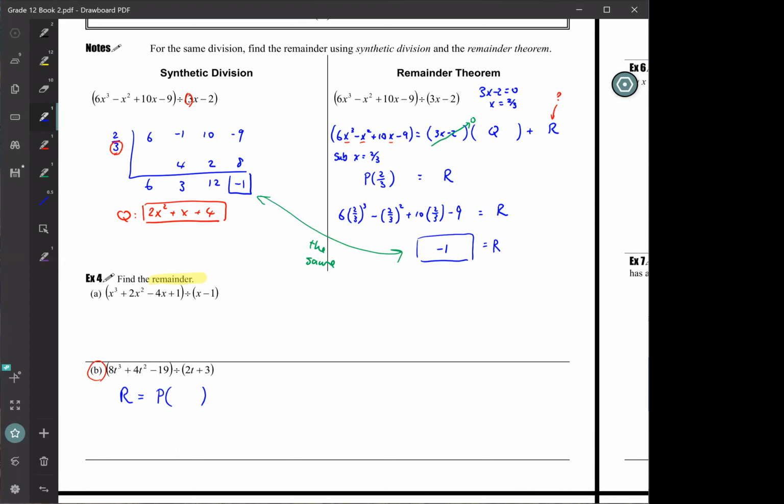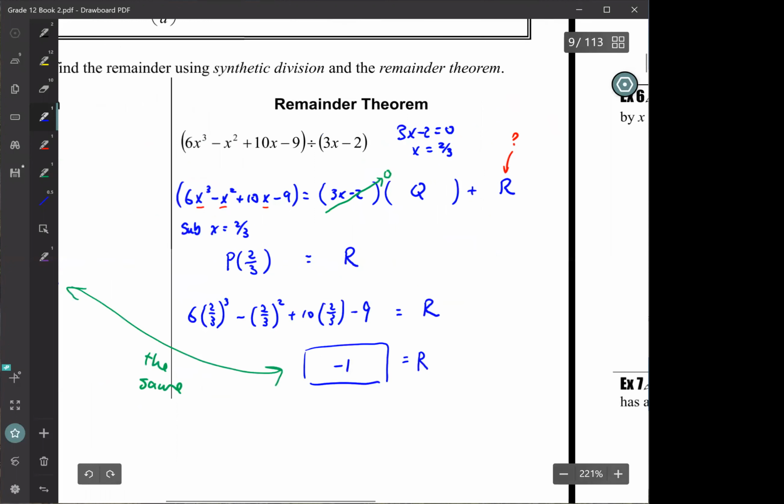Tiana? -3/2. Yeah, -3/2. Okay, and then you just start by subbing in. Okay, you don't need to write out the division statement as I did. I wrote it out to help you understand why it works.